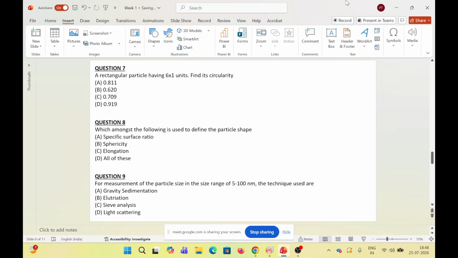What is the definition for circularity? If you know that, then this problem is much easier.